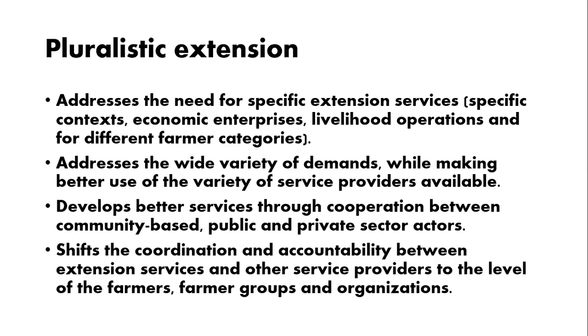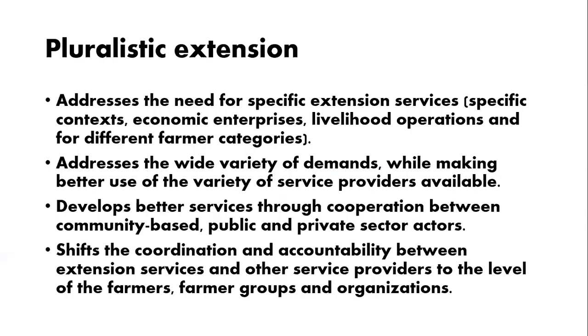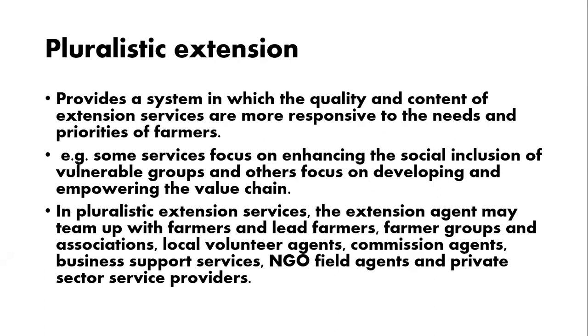What they are doing is there is no domination of a single sector, public, private, corporate, or NGOs, right? They get together, sit in one place, and work on the specific needs or requirements of the farming system or agricultural system. This is called pluralistic extension. Also, it can provide a system where the quality and content of extension service is more responsive to the needs and priorities of the farmers, right?